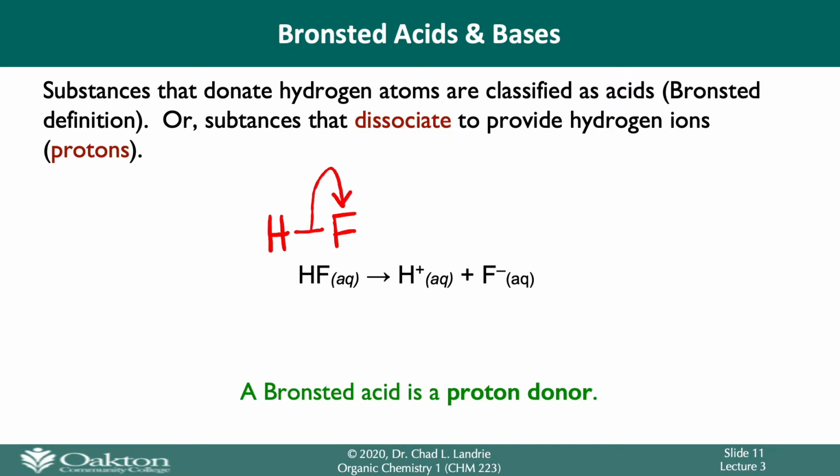Again, bonds always break toward the more electronegative atom. That also shows that HF is a Bronsted acid because it can dissociate into a proton and a conjugate base.